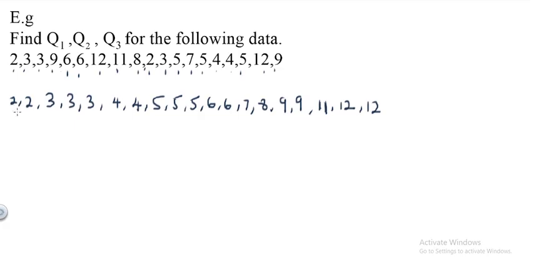Then here, 1, 2, 3, up to 19. So the total number of numbers we have is n equals 19.